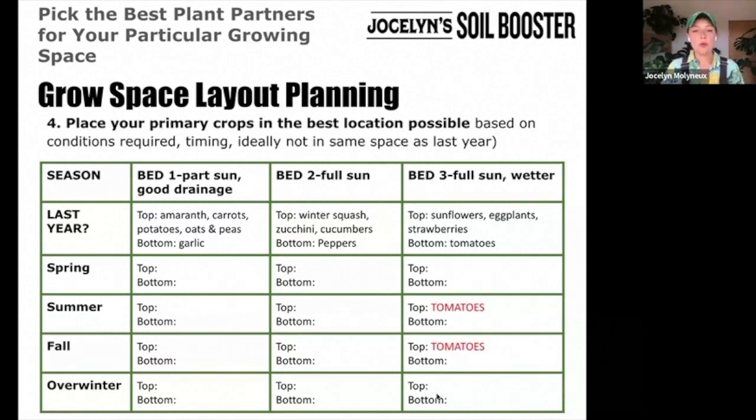All right, so now we're going to start slotting in our crops. Now it's important again to appreciate that it's a little bit of a game of Tetris. Let's say you're going to start by using pencil, because it's one of those practices where you put a few in, and then you start realizing that, oh no, this should have gone there, that should have gone there, and so you're erasing and rewriting.